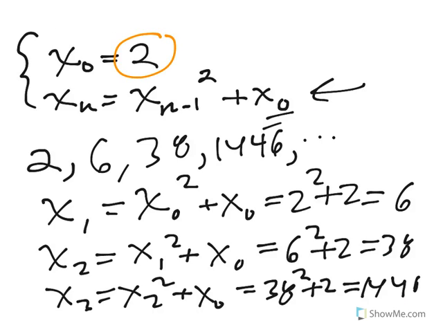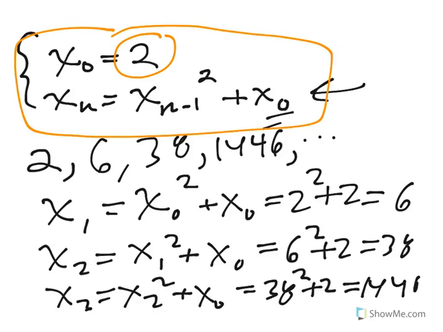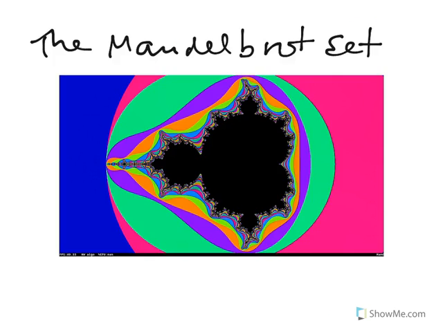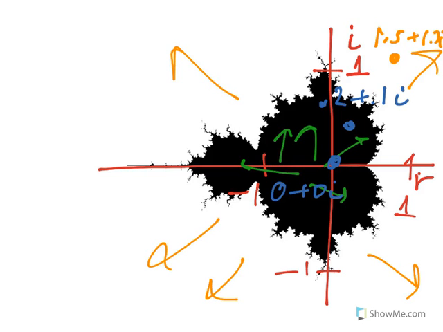Well, that's going to go back to this recursive formula. I'll tell you that because first I'm going to look at numbers that are on the real axis themselves. On this number line, this point right here is around 0.2 plus 0i.